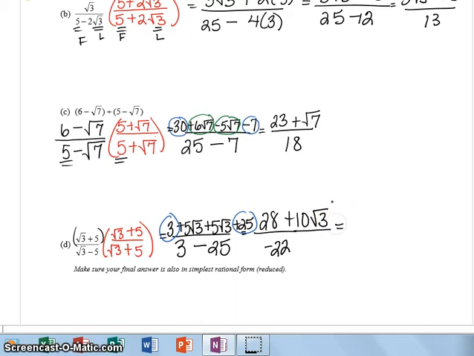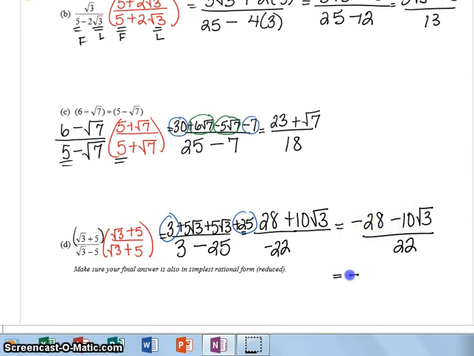Okay, what I would do, because there's this negative, you change all the signs up top. So you're going to get negative 28 minus 10 radical 3 over 22. You don't want to leave that negative on the bottom. Okay, you could pull the negative way out front and just use parentheses. All right, last thing is I'm going to take out the GCF here. I'm going to take out a GCF of 2.